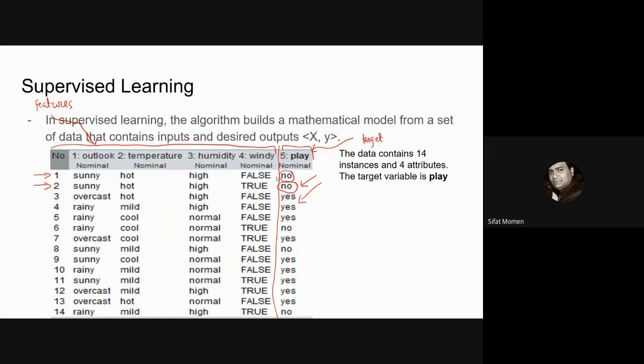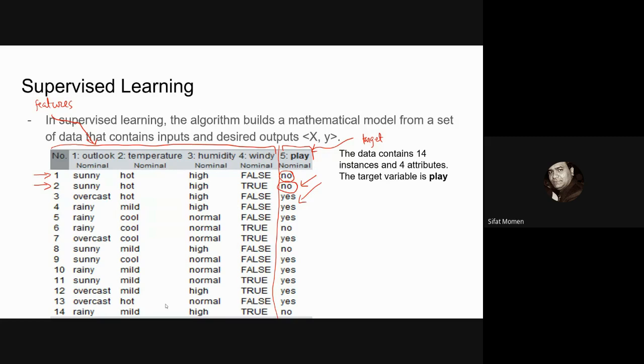Okay? So if in a data set we are giving you the target variable, then what kind of learning are we looking into? We're looking into supervised learning. Am I clear? Is that okay? Yes, sir. So that's supervised learning.